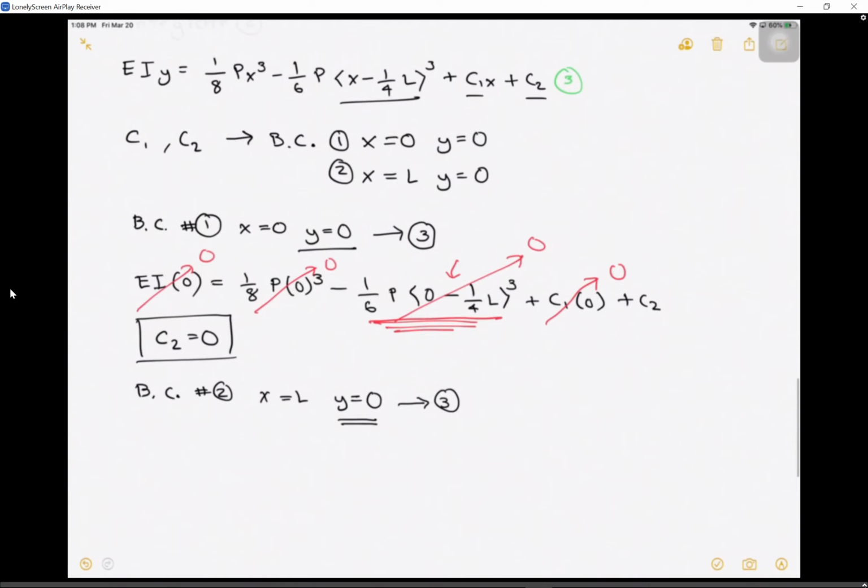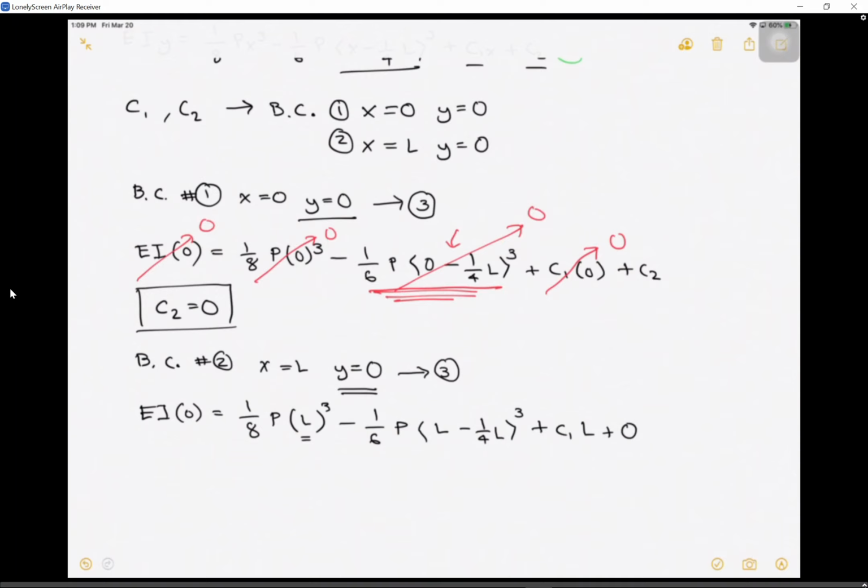So for equation number 3, that's EI times 0, that's 0, is equal to 1/8 P L raised to 3, so now we have L instead of 0, minus 1 over 6 P, now this is L minus 1/4 L raised to 3 plus C1 L plus 0.